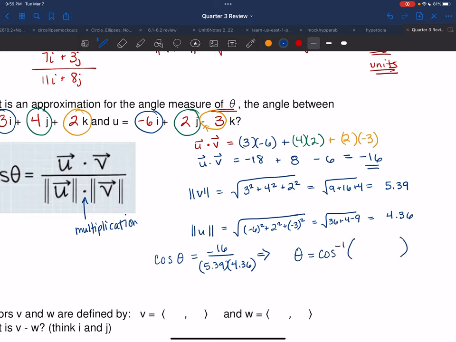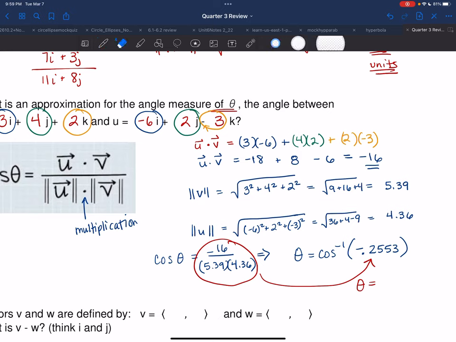Negative 0.2553 is what I got. All of this here is equal to that. And then when you take the inverse cosine, you can go ahead and get the angle, and that angle was 104.8 degrees.